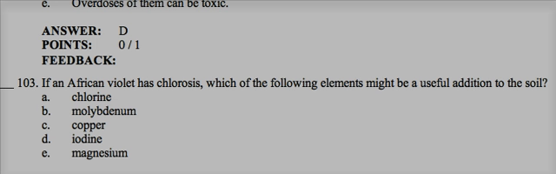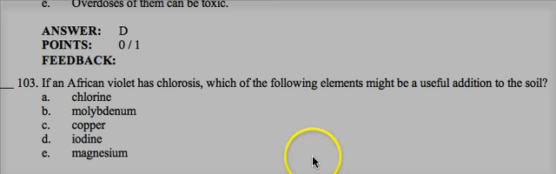Okay, number 103. If an African violet has chlorosis, which of the following elements might be a useful addition to the soil? Chlorine, molybdenum, which I can never say right, copper, iodine, and magnesium. Pause right here and then decide.